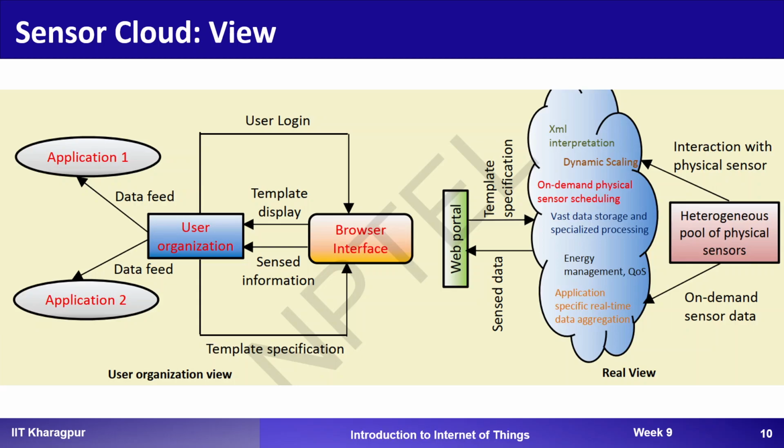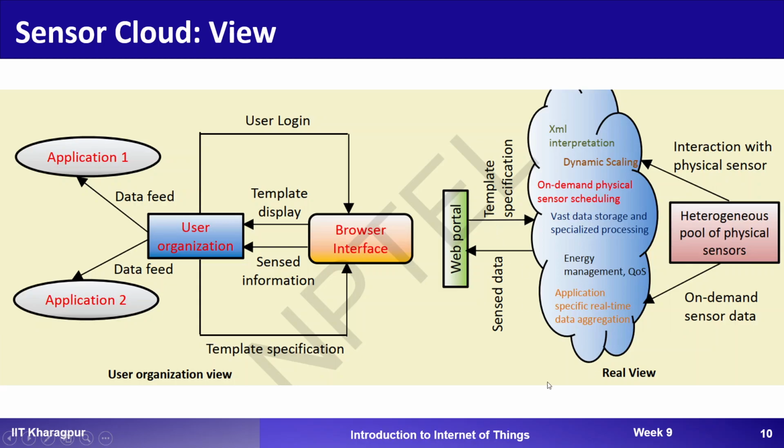Through that browser interface they log in, after that a template display is shown, and the user selects the template, and further the user can access or fetch the data from the sensor layer. However, in actuality, there are various processes taking place in between.